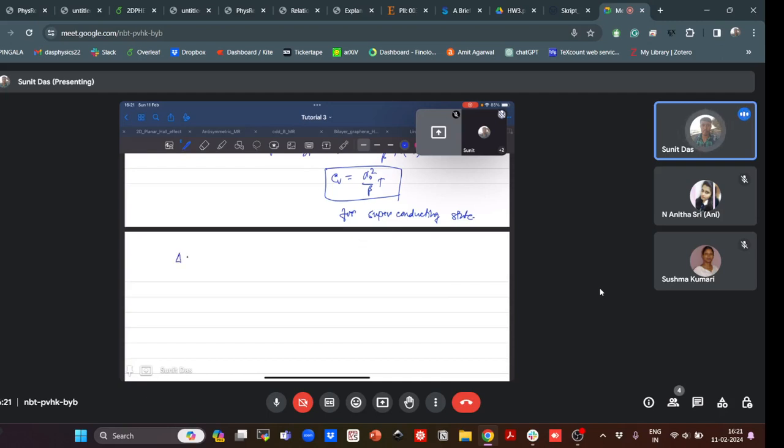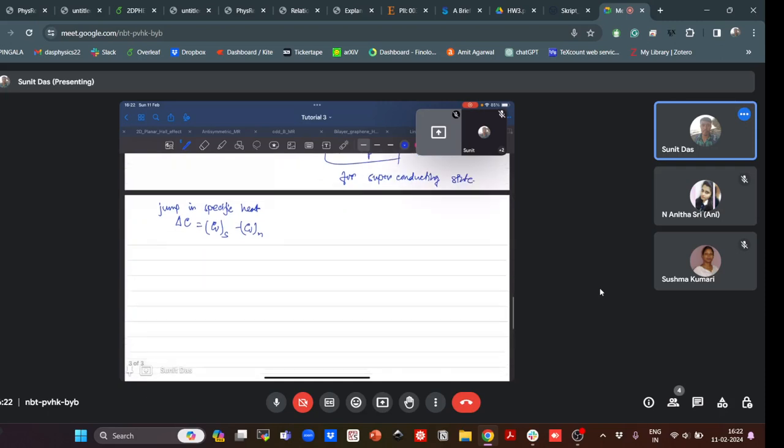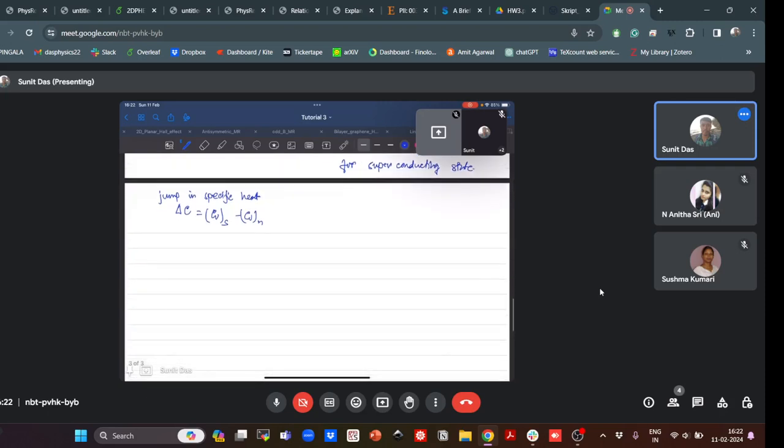And we need delta C, the jump in the specific heat. Delta C is equal to C_V in the superconducting state minus C_V in the normal state. But from this Landau theory, we will have C_V for the normal state equal to 0, right?